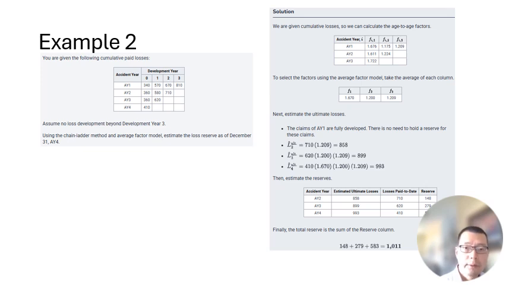So basically, we just average each column to get the factor. F1 will be 1.67, which is 1.676 plus 1.611 plus 1.722 divided by 3, I believe. The second one is 1.2, which is the average of 1.175 and 1.224.